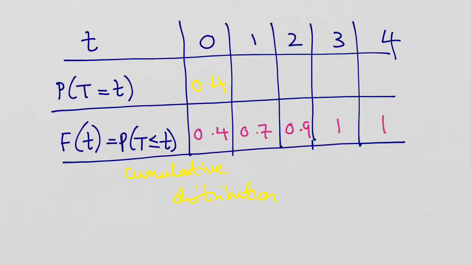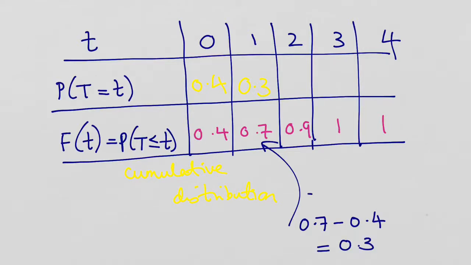So if I want this one here, that's going to be the probability of 0 and 1, take away the probability of 0. So that will be 0.3, and I get that by doing 0.7 take away 0.4 gives me 0.3.